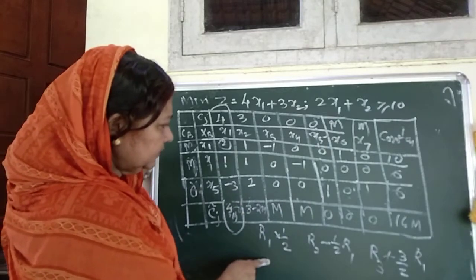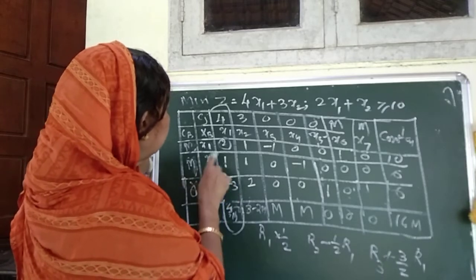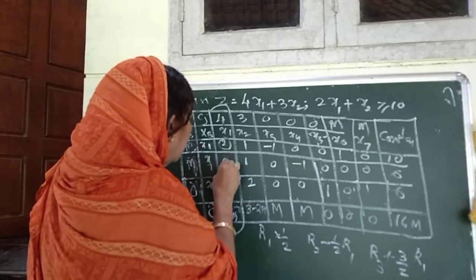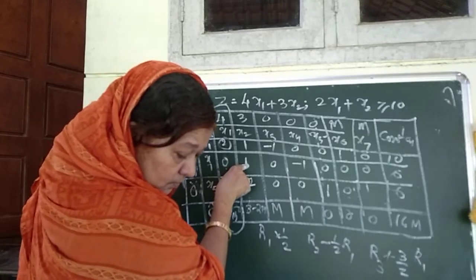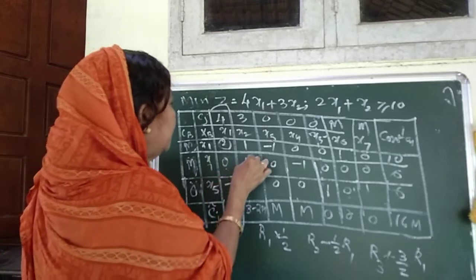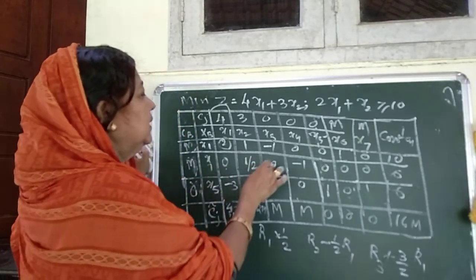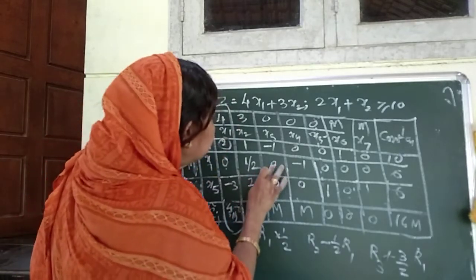Then R2 minus 2 R1 gives 0. Then for this x2, it is R2 minus 1 minus 1 by 2 gives 1 by 2. Here 0 minus 1 by 2 gives 1 by 2.